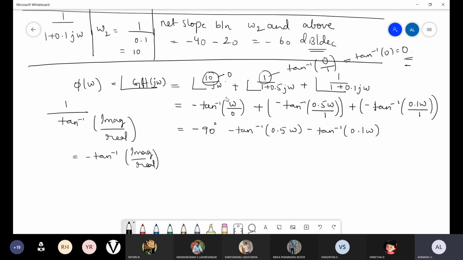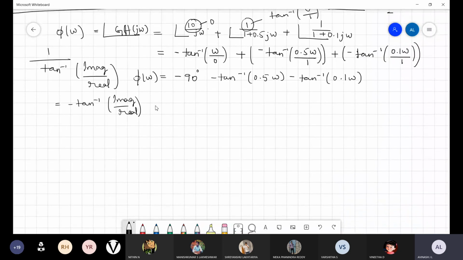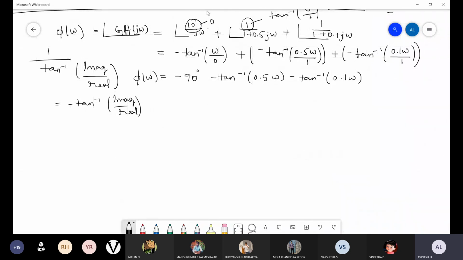For this phi of omega, we need to calculate for different values of omega, because omega is the variable. So we need to put in the variable values and frame the table. Up to this stage, do you have any doubt? Or is it clear to you?